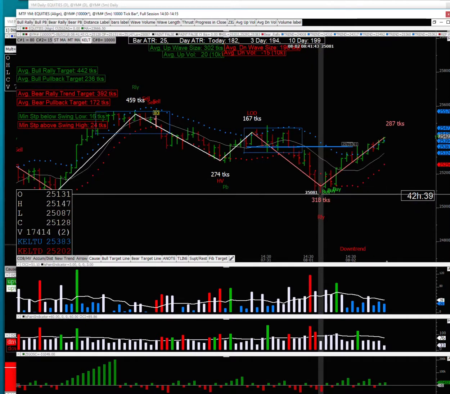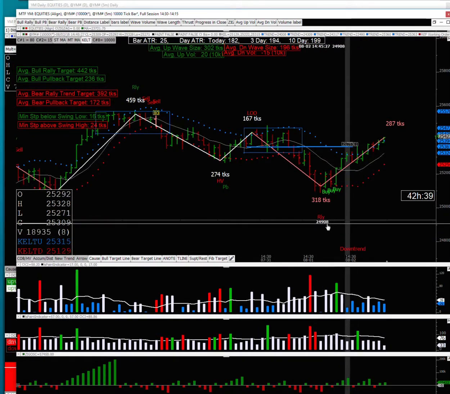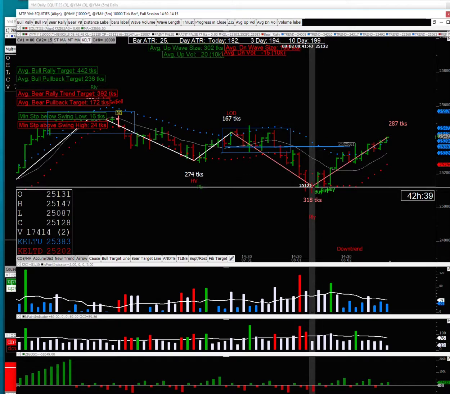The danger point is the low minus some. All right. So this is the point where demand overcame supply. Okay. The law of supply and demand, as Wyckoff explained it: supply stronger than demand, market will go down.